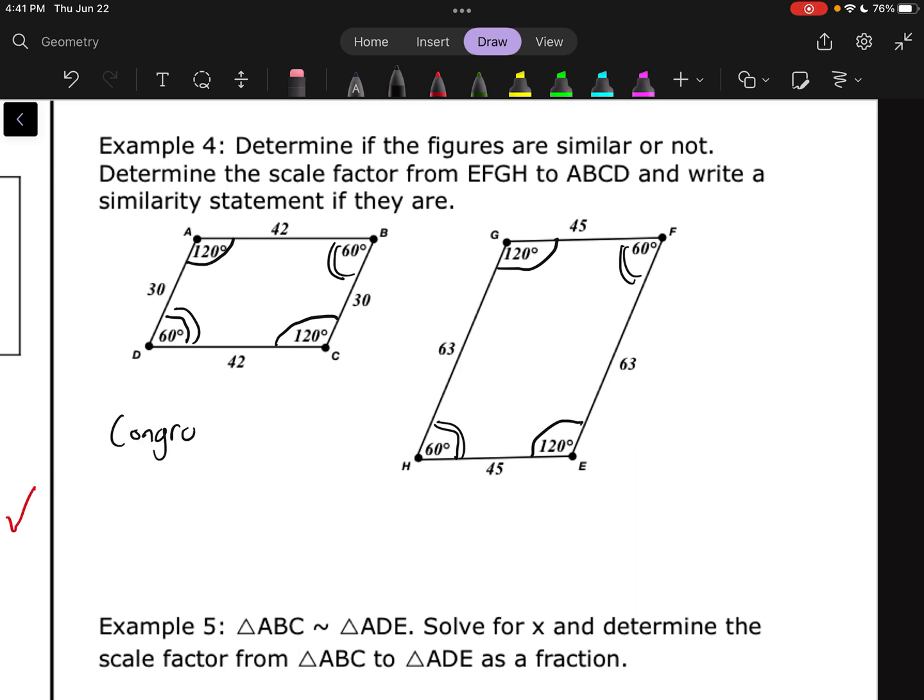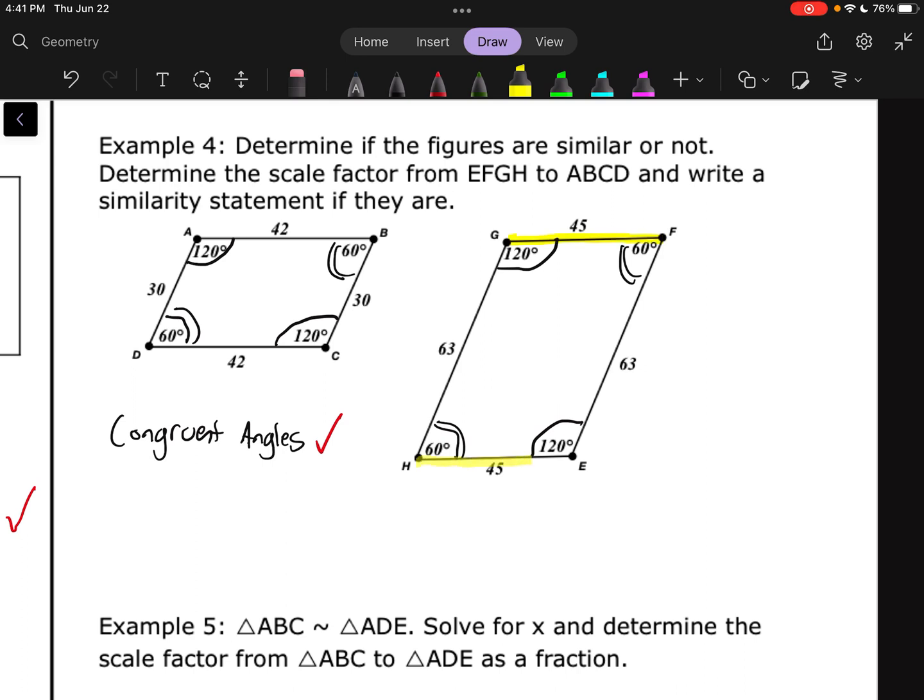So I'll make a note here that we do have congruent angles. So that's one of the things we need to do. And then remember, the other thing was that the ratio of the corresponding sides needs to be equal. So let's pair up some sides.